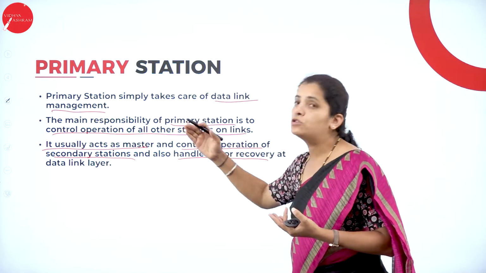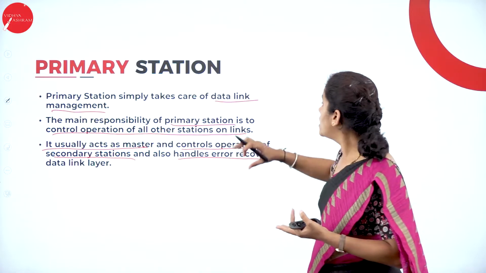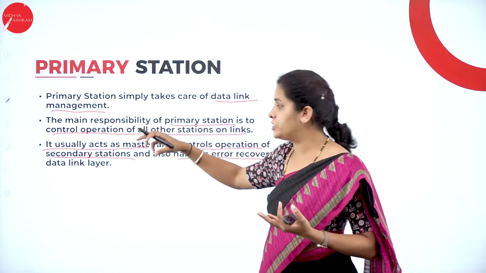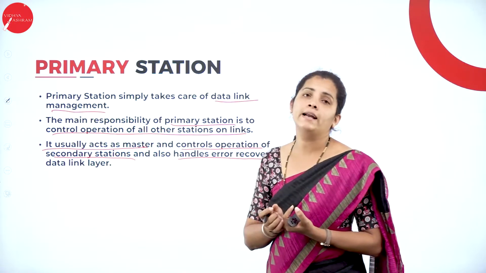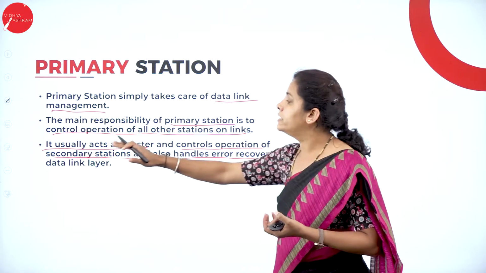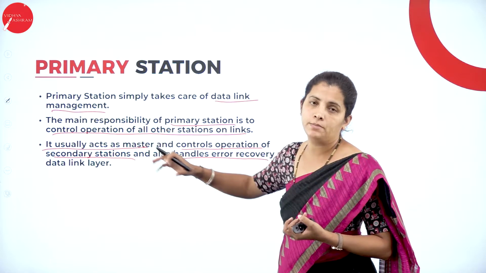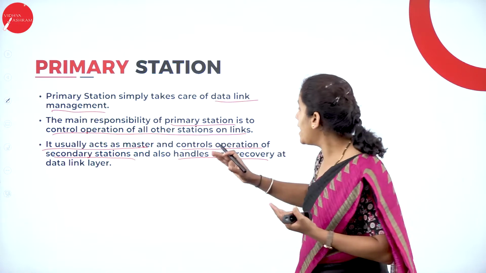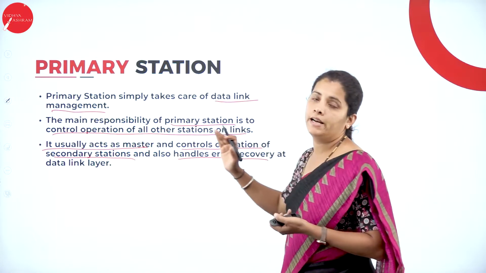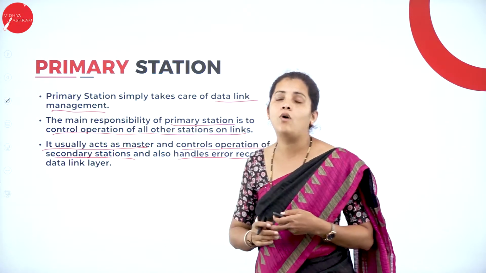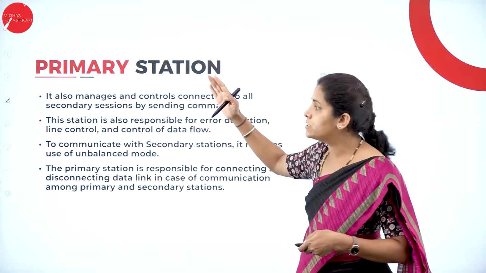It is also responsible for controlling the operations of secondary stations and also handles all the recovery at data link layer. That means it is capable of handling all the error recovery at data link layer. So these are the responsibilities of primary station.